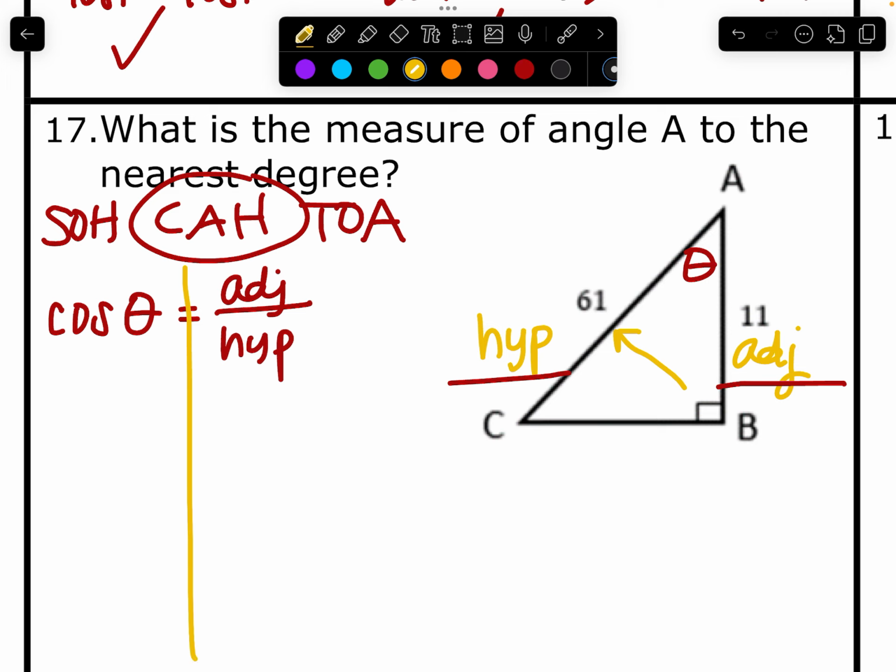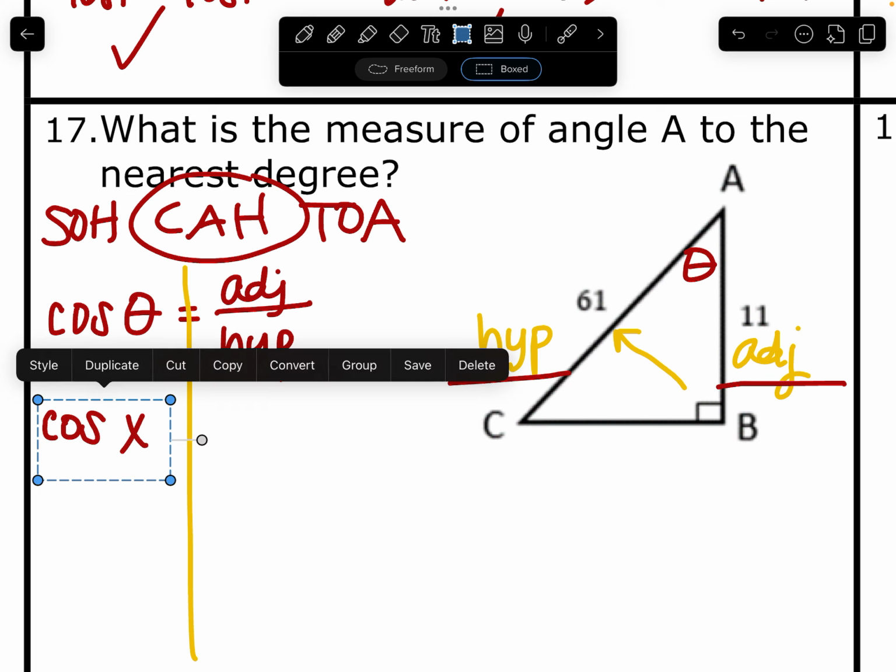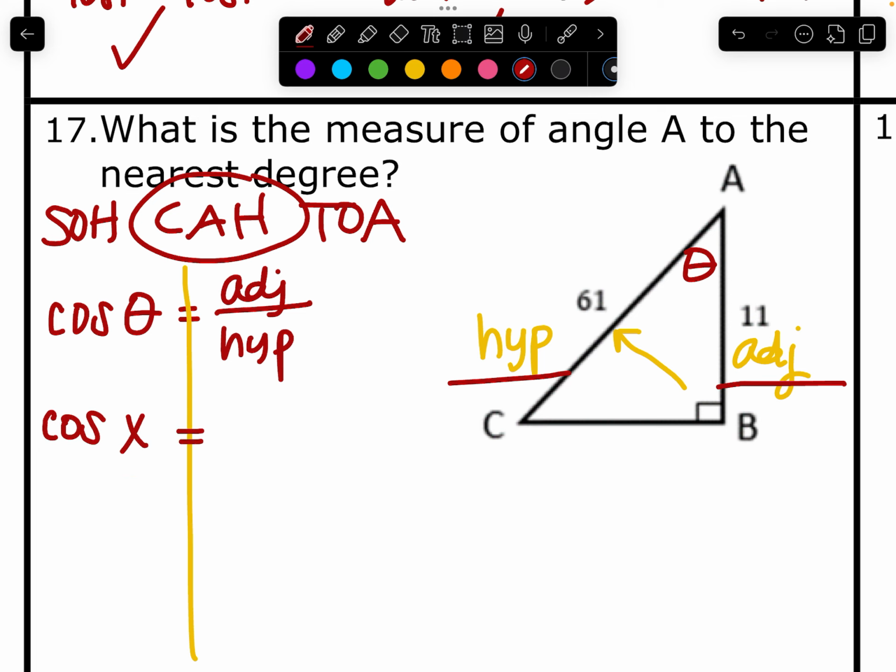So we're going to solve this equation. Let's go ahead and fill in what we know. We know that theta is unknown, so I'm going to put an X right there. And then adjacent is 11, hypotenuse is 61. Now, since X is not in the fraction, multiplying by the denominator will not be helpful. So what we're going to do instead is use the inverse.